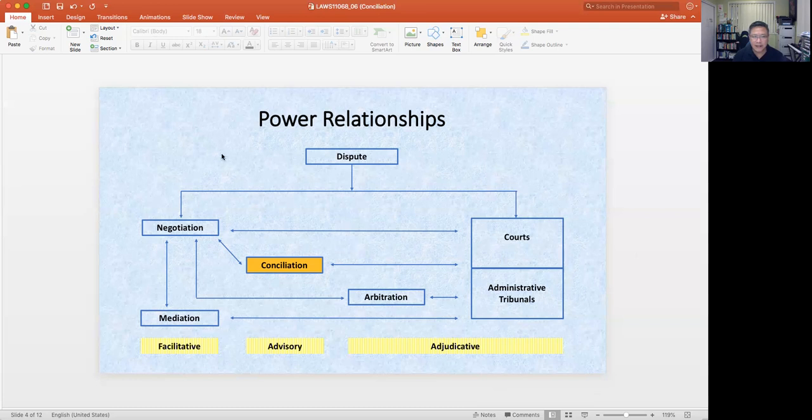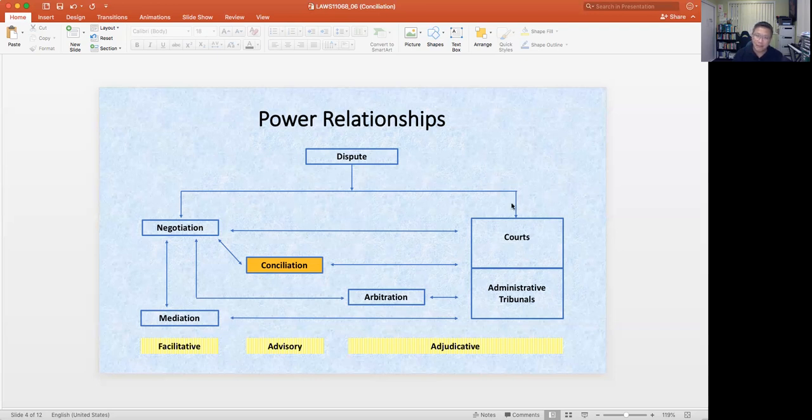And so what this means is that in terms of the power, negotiation and mediation are empowering to the parties. As the parties move from negotiation and mediation towards the courts, towards the adjudicative process, there is now less power to the disputants and more power to the courts, the tribunals, the arbitrator, or the conciliator.